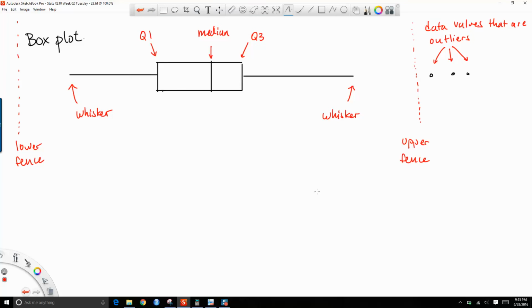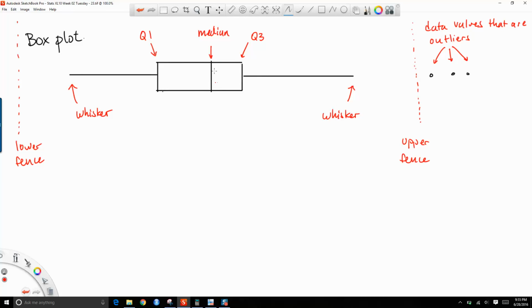What does it mean to be Q1? Q1 is the 25th percentile. So 25% of the data is smaller than Q1. How much of the data is between the median and Q1? 25%.